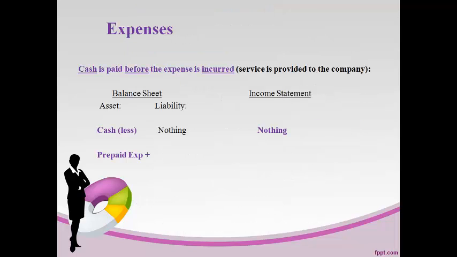Services paid for before they are incurred are not reported on the income statement. The asset cash decreases, and prepaid expenses is used to show that an expense has been paid for ahead of time. No expense is reported on the income statement until the company receives the service.